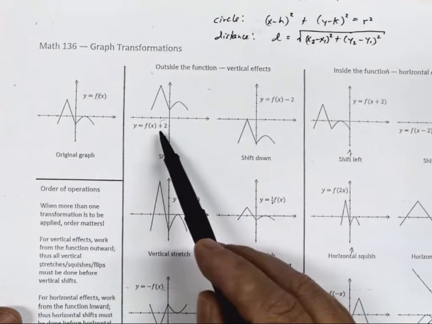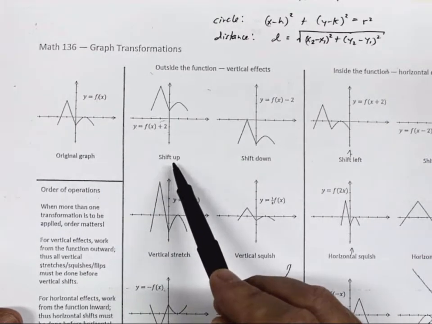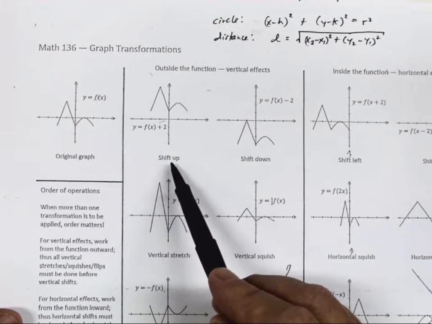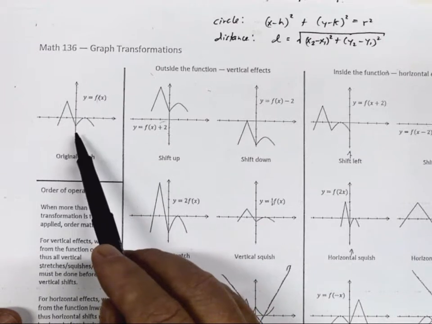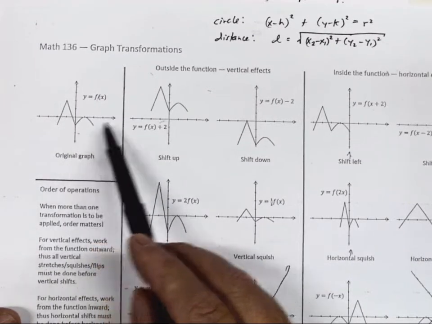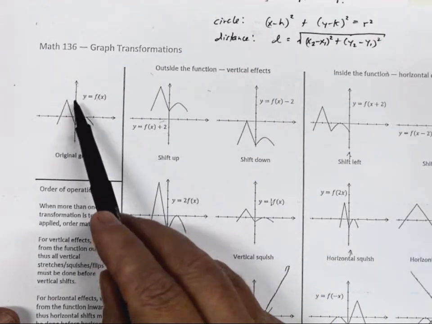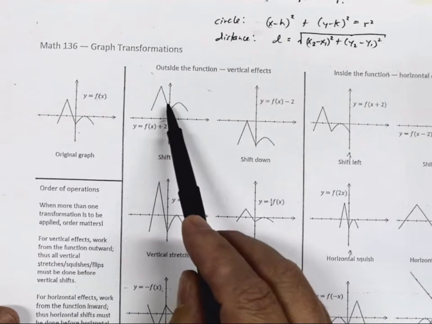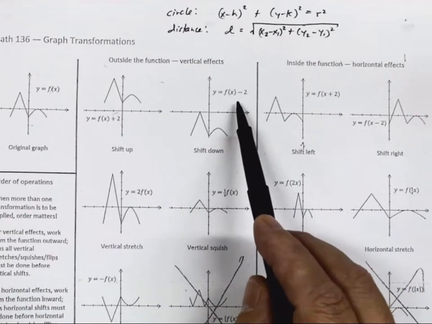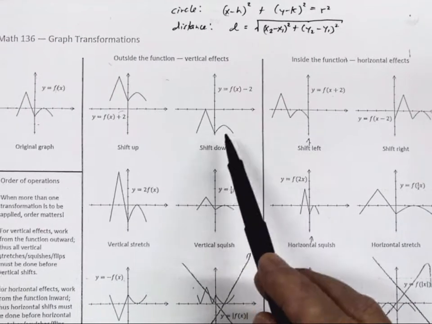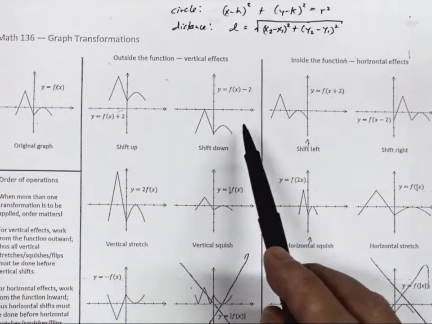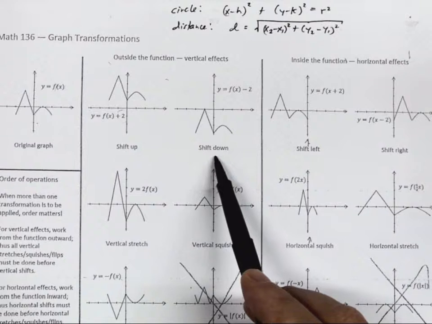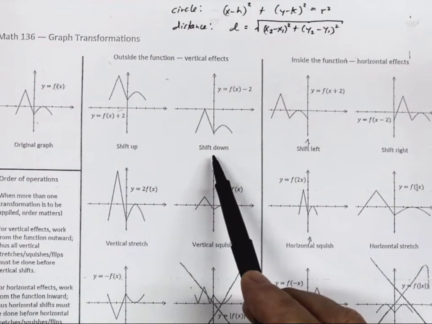If I take that function and add 2, the effect is it shifts the graph up. If you compare the original graph to this graph, you can see it's moved up 2. If I had subtracted 2, you can see how it would cause the graph to shift down.